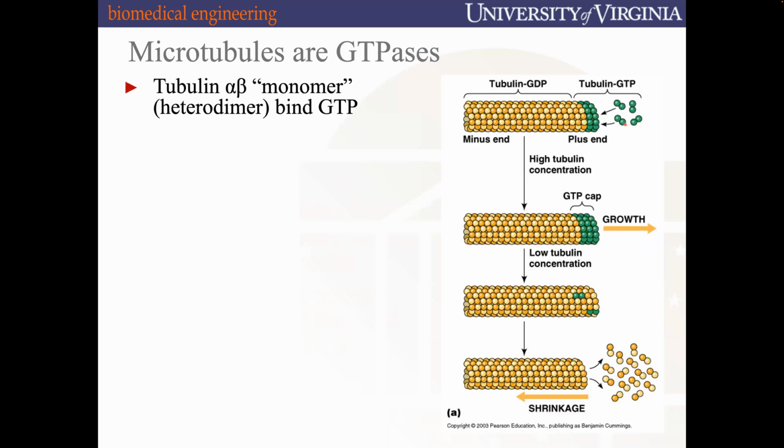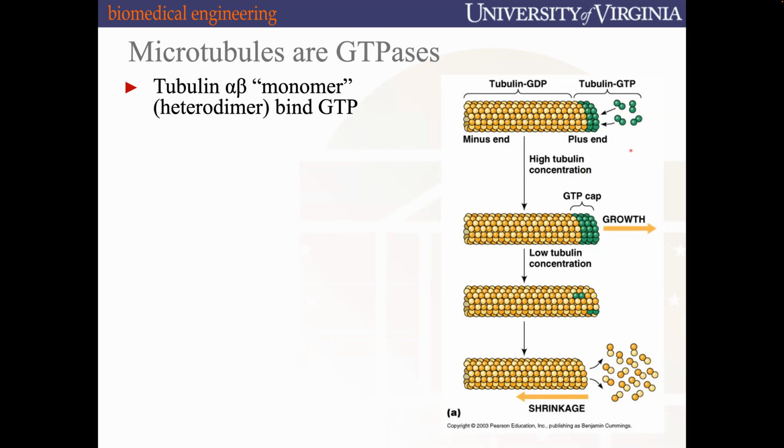So what's happening in the growth of microtubules is you have these tubulin alpha beta monomer units existing in the cell, and then they're going to bind to GTP. When they're bound to GTP, they will come and preferentially bind to the plus end of these tubulin chains. This GTP allows the conformation to fit in well to the addition of this chain.